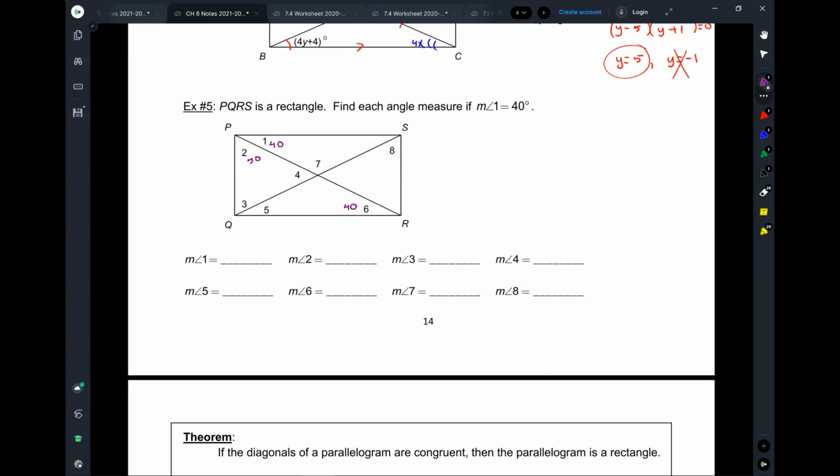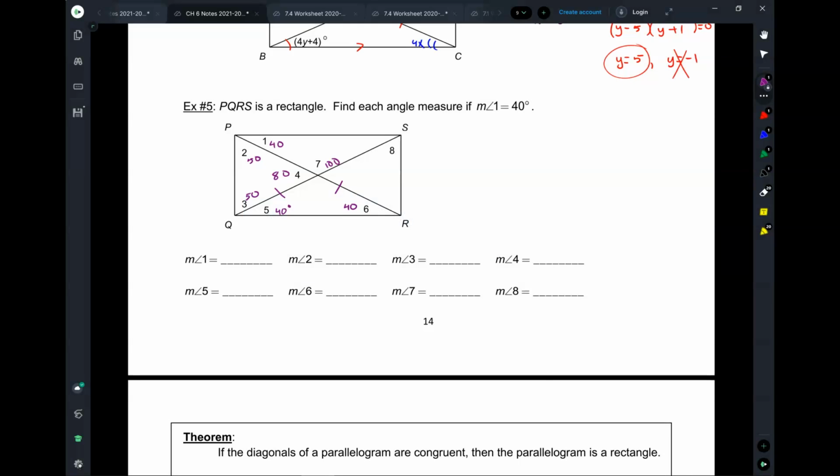And angle 5 is also 40 because of what we just said. Those are all isosceles triangles over there. So that makes angle 3 50. And that makes angle 4 in this little triangle 80. And that makes angle 7 100.